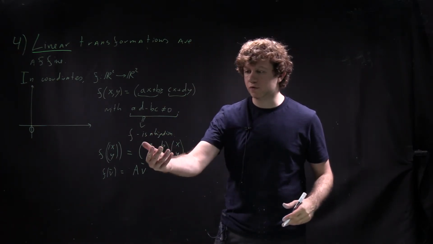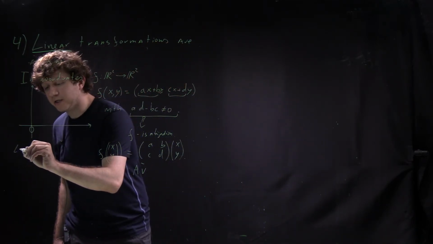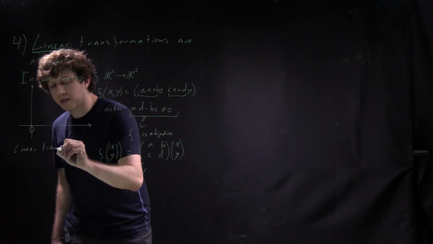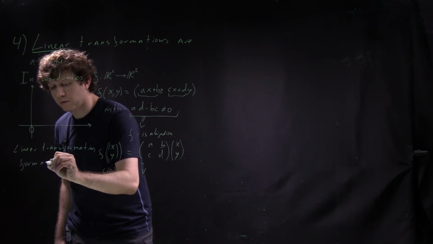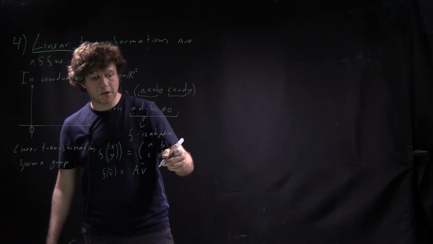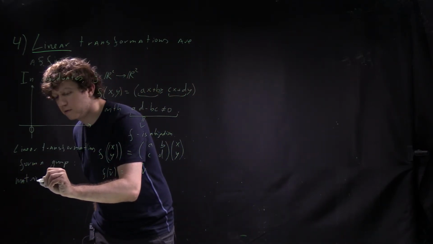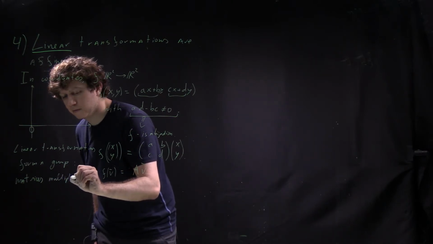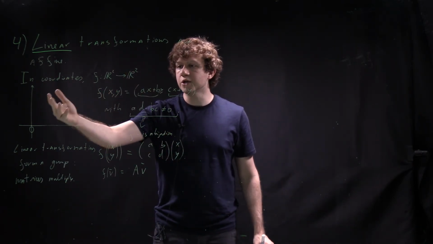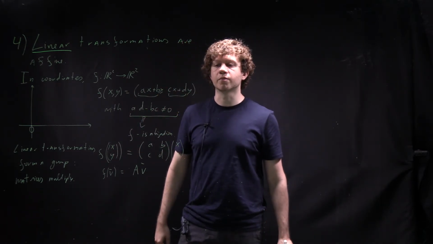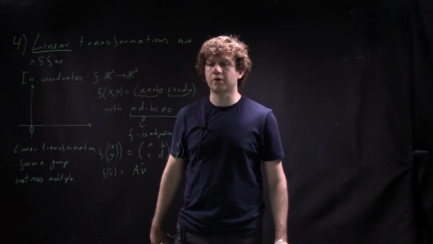Actually, if you know multiplication of 2 by 2 matrices, this is where it comes from, because one can check that linear transformations form a group. What happens if you compose them? The corresponding matrices multiply. So the statement is that arbitrary linear transformations form a group, and that they send lines to lines.